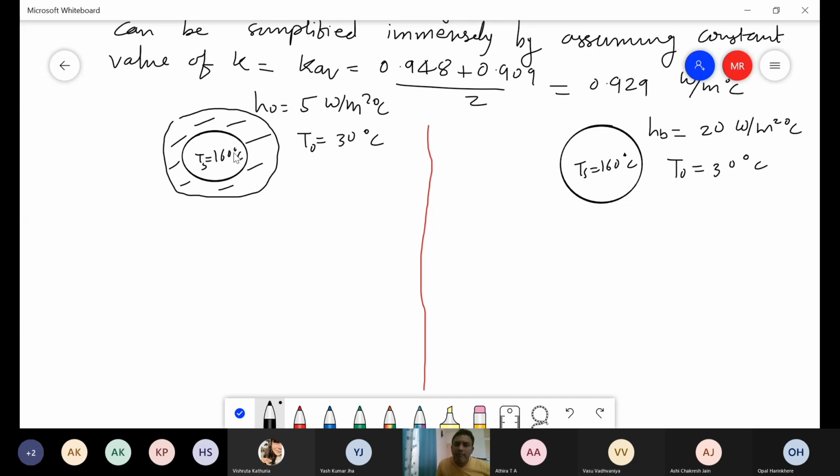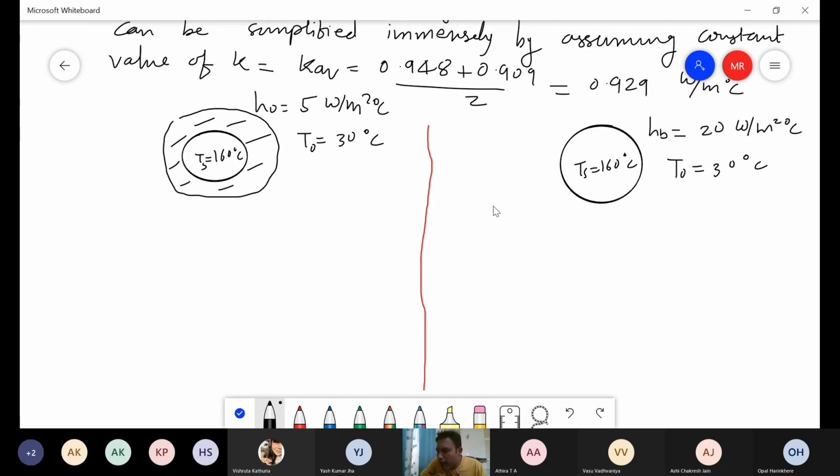Now clearly, when I have this pipe insulated by an insulation, my heat transfer rate is going to be lower, isn't it? So I will have a lower heat loss to the ambient. In contrast to this, if I have a bare pipe where there is no insulation surrounding it, in that case I will have a higher heat loss to the surrounding, isn't it?